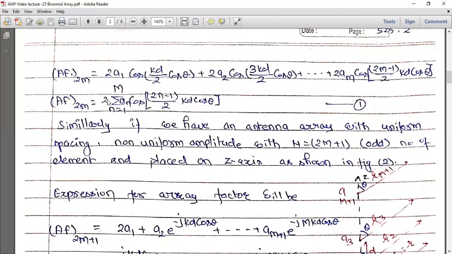This will not affect the shape of the radiation pattern, and we are concerned with the shape of the radiation pattern. We need maxima in a particular direction. So when we talk about maxima in a particular direction, we are dealing with the shape of the radiation pattern. That's why there is no meaning in keeping it, and if we avoid this 2, there will be no effect on the shape of the array factor.